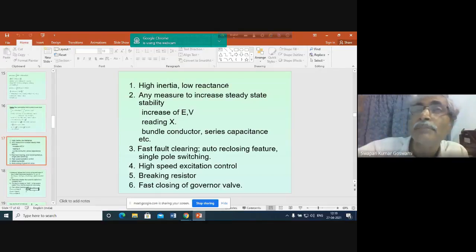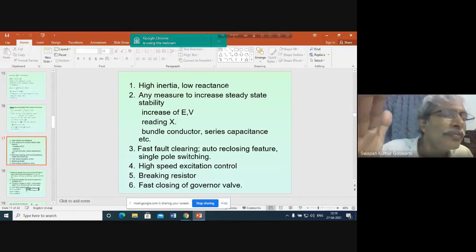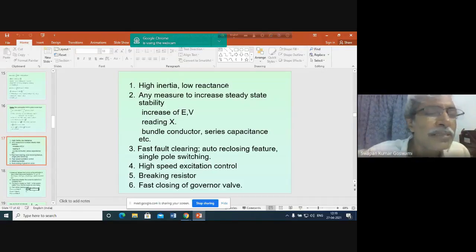If the power angle curve is having a higher peak, the same power may be delivered using a smaller angle. Since you are using a smaller angle, you will be getting more time. A smaller angle means reaching the final maximum permissible power swing angle will be far away from the initial position.